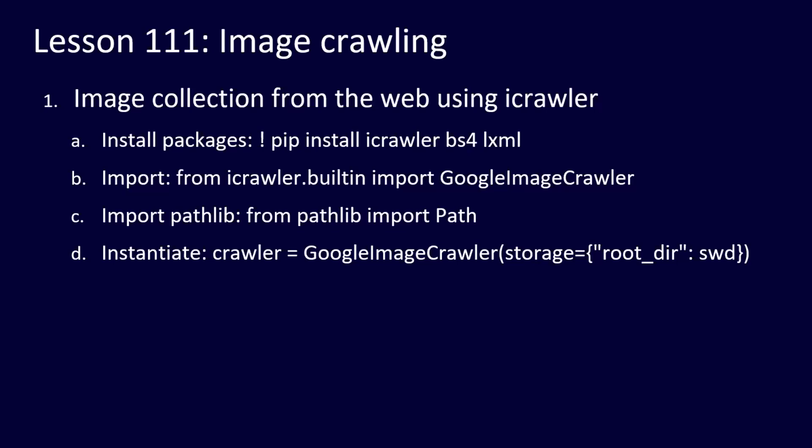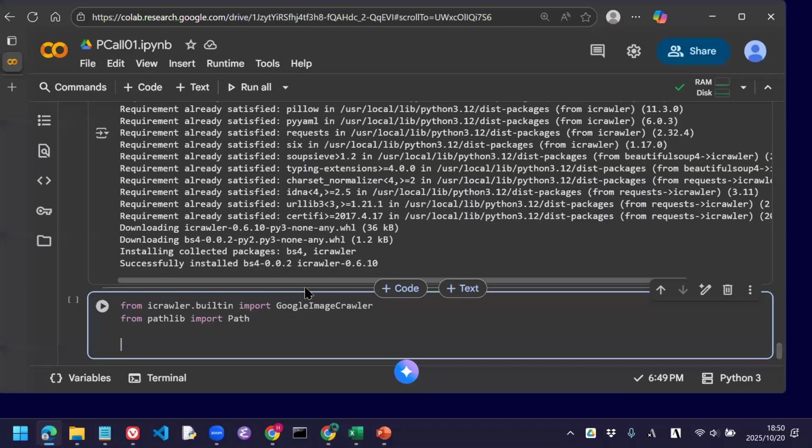Good. So, we need to instantiate a crawler to do the work. The first thing is we need to define a search word, keyword. So let's try the keyword tiger first, for example. Okay, tiger.